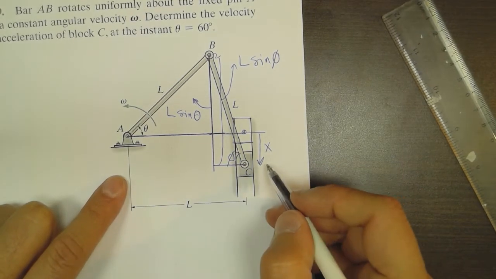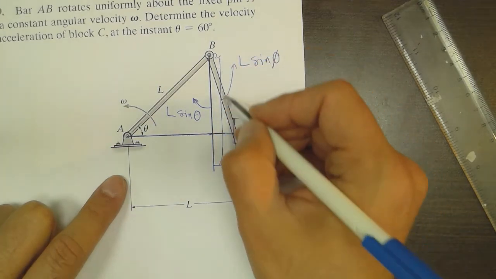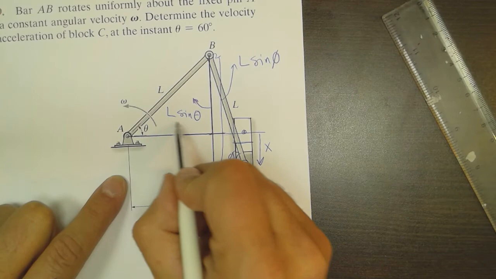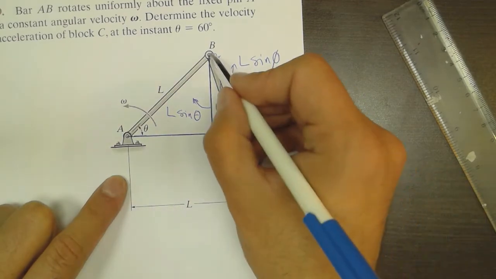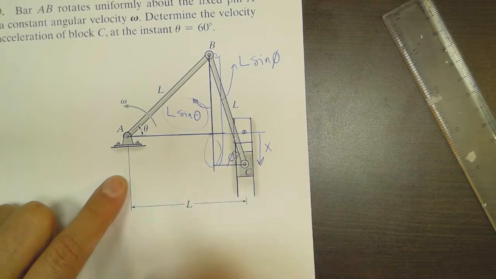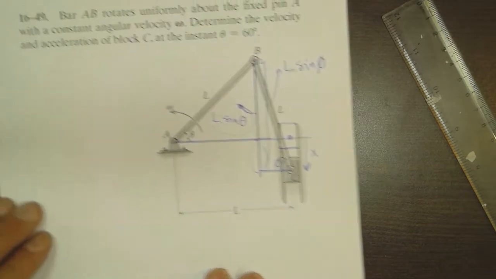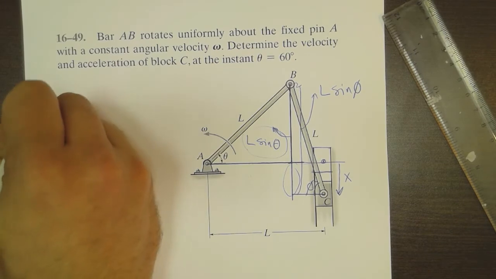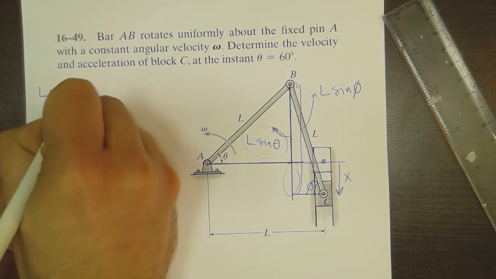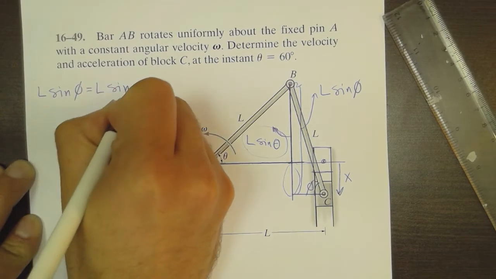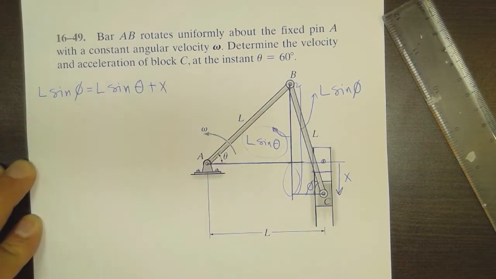So the entire length here is equal to this length plus this length, which is x. We can write this down and say L sine phi is equal to L sine theta plus x.